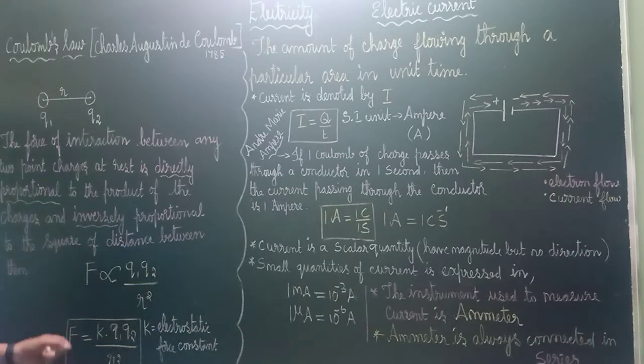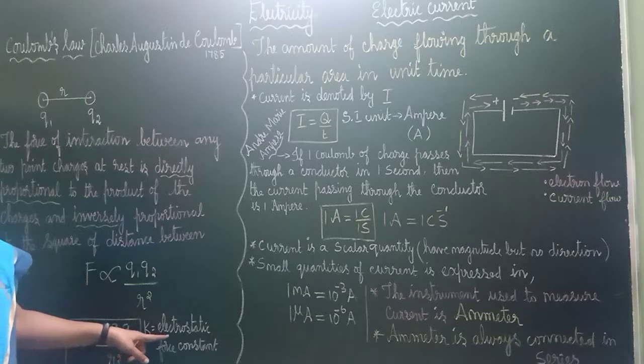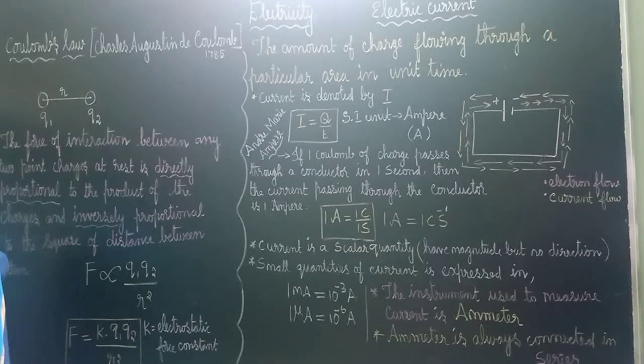This is a small basic information which I have given, but in your PU you will be studying a chapter about electrostatic force. So what is Coulomb's law? The force of interaction between any two point charges at rest is directly proportional to the product of the charges and is inversely proportional to the square of the distance between them.